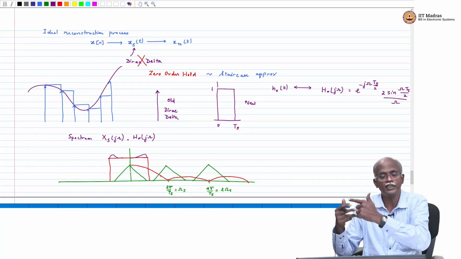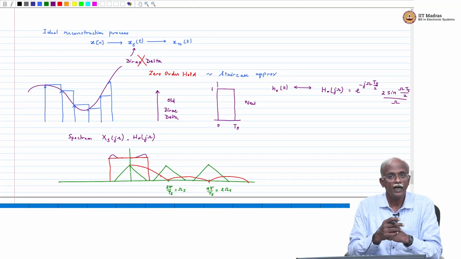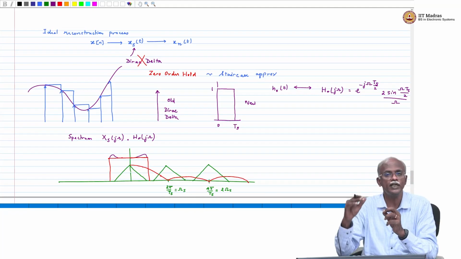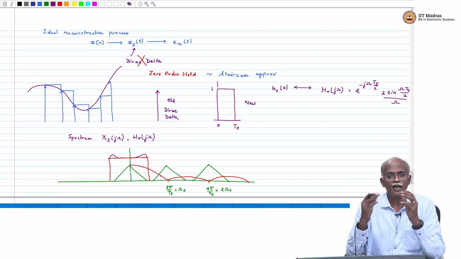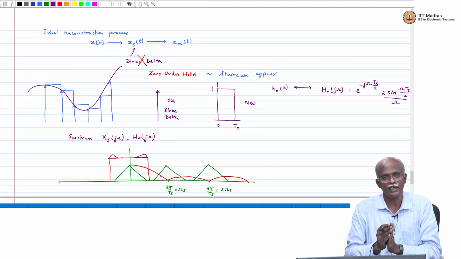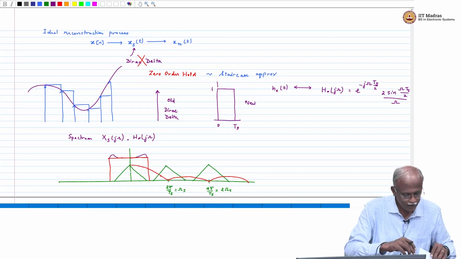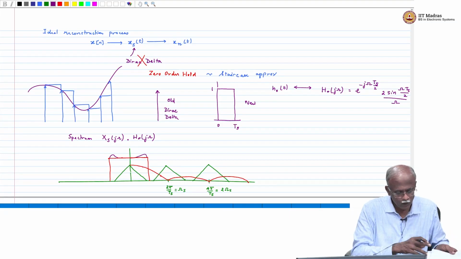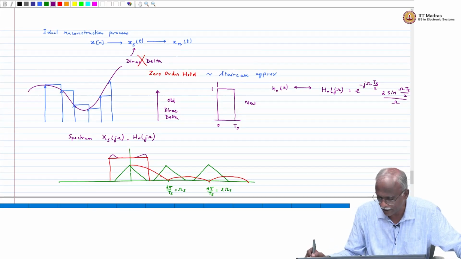If you have over satisfied the Nyquist criterion, we can design the reconstruction process with practical filters, and more importantly, we can also introduce the peak hold detector as a staircase approximation from which we generate the continuous time signal rather than working directly with the Dirac delta functions. Okay. So, what I would like to do is to leave with you one example which will be interesting for us to consider and also think about, and we will pick it up from here in the next class.